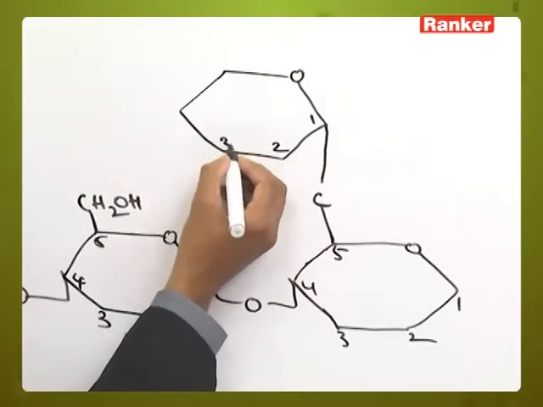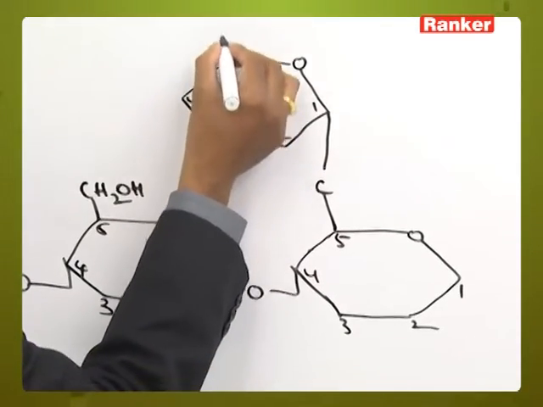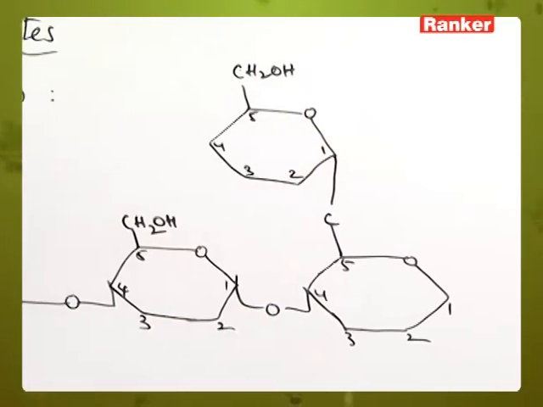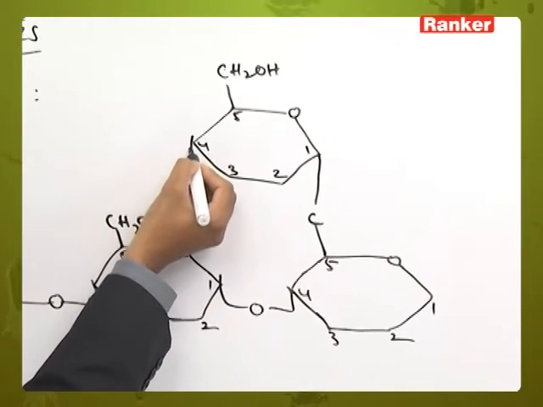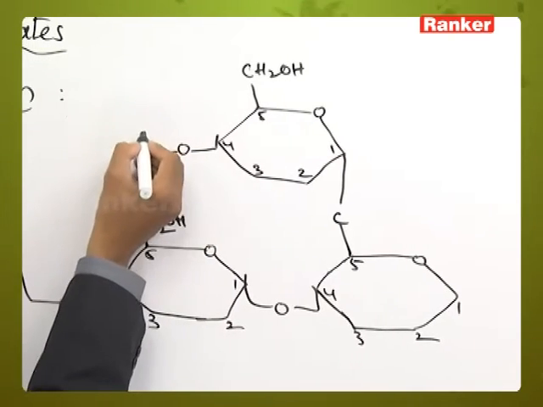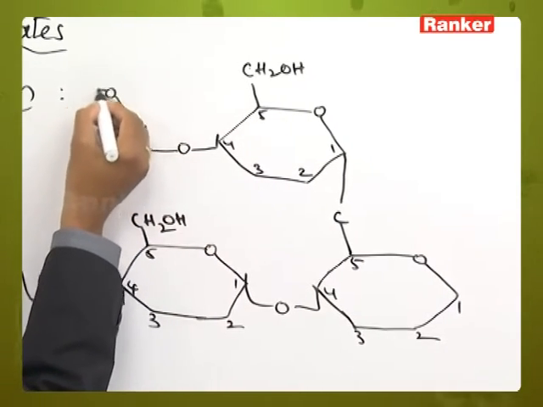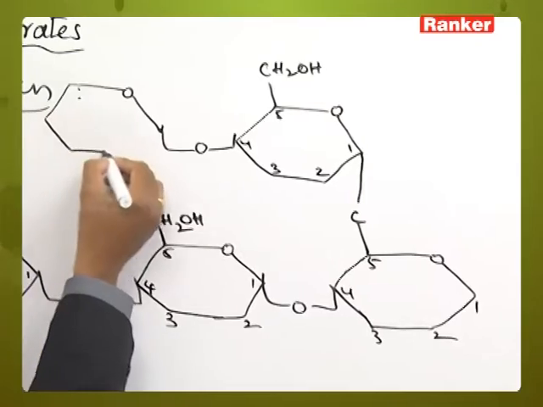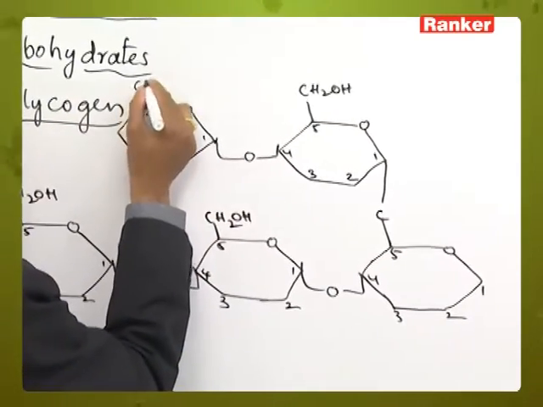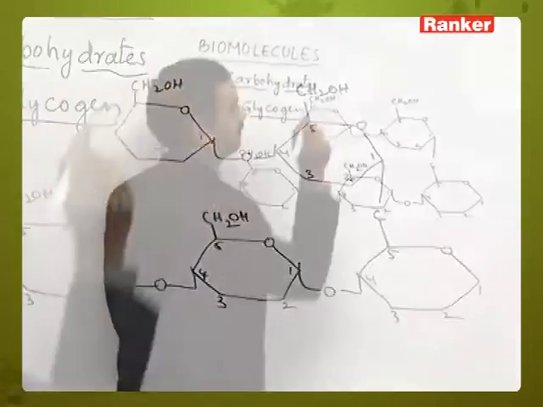So, second carbon, third carbon, fourth carbon, fifth carbon, and of course the sixth carbon here. And here once again we can see glycosidic bonds. The first carbon, second, third, fourth, fifth, and once again the sixth carbon.